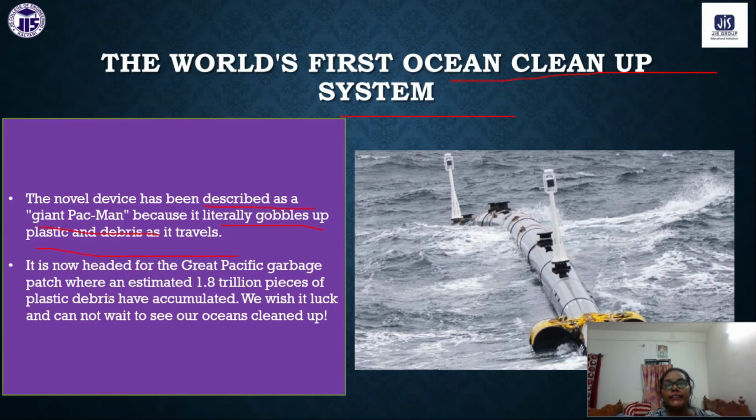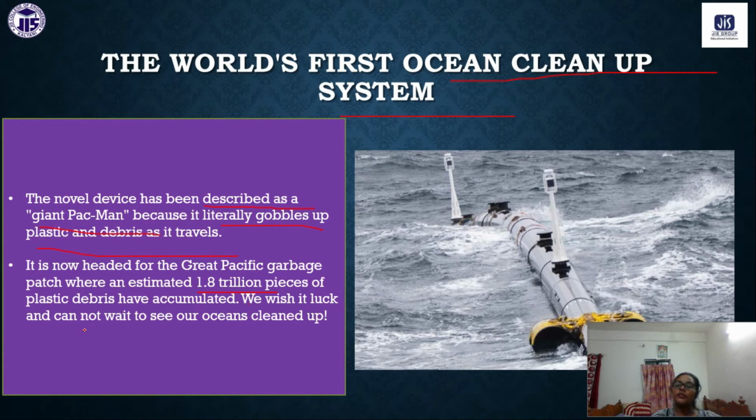It is now headed for the Great Pacific Garbage Patch, where an estimated 1.8 trillion pieces of plastic debris have accumulated. You can imagine. We wish it luck and cannot wait to see our ocean cleaner.